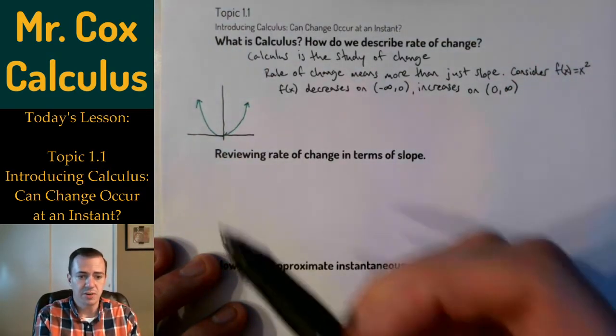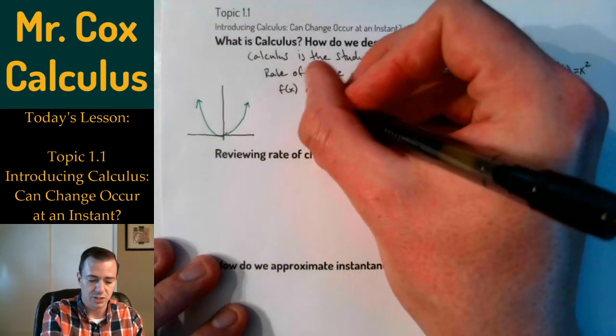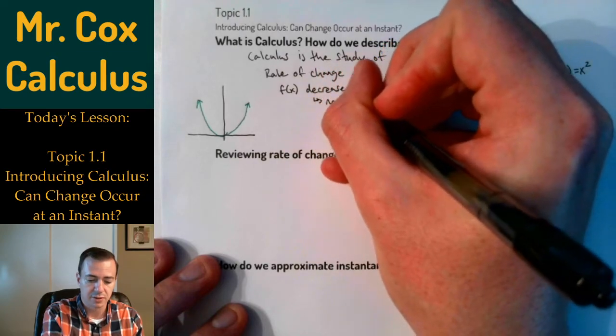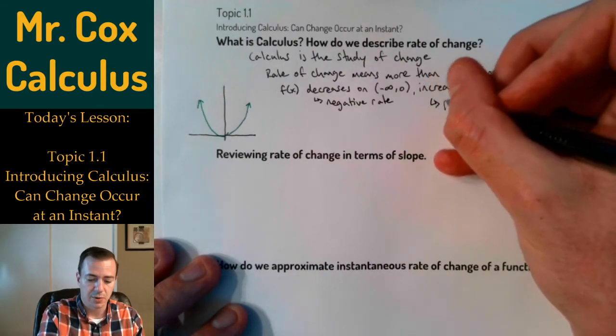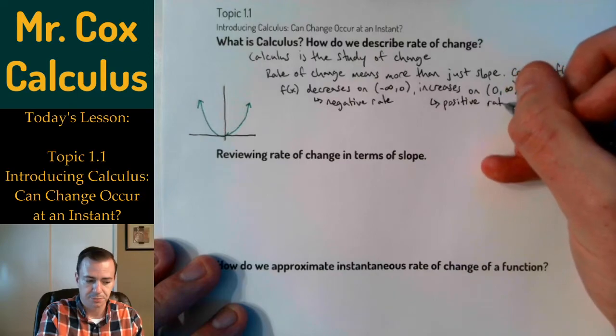And so those are some very important things for us to understand. So this idea that the function decreases is going to tell us there's a negative rate of change. And when it increases, that's going to tell us there's a positive rate of change.